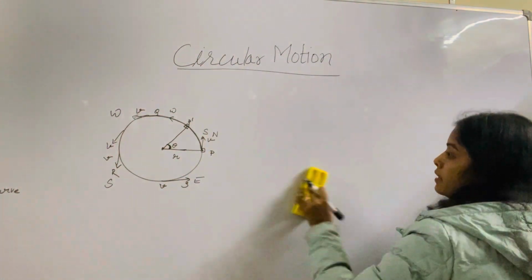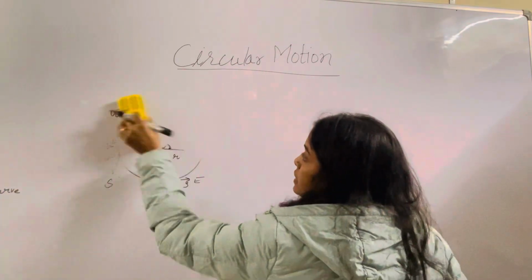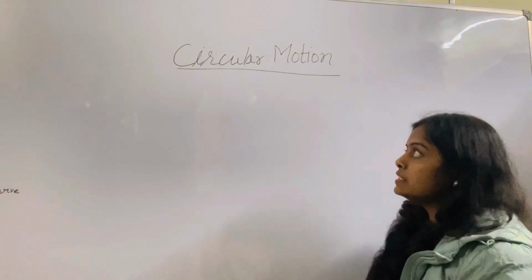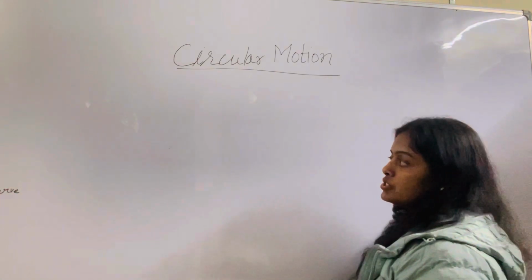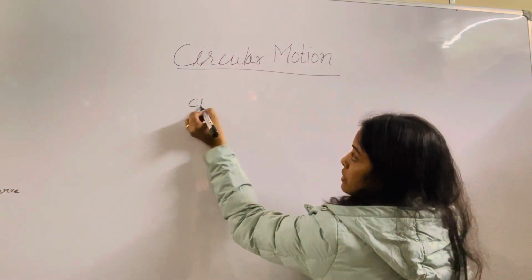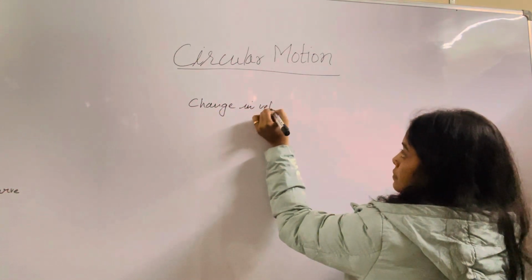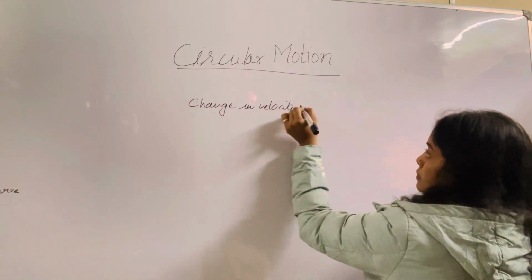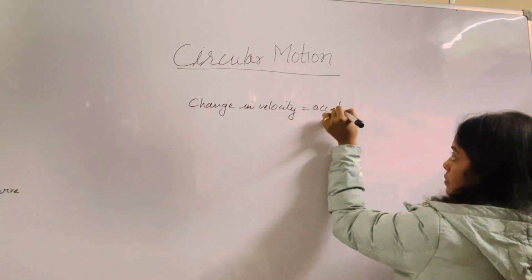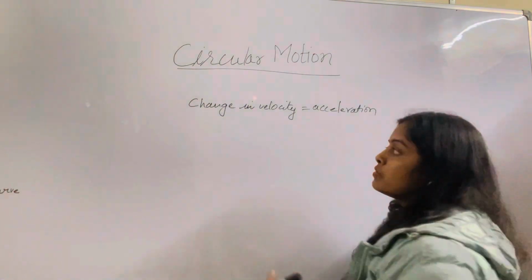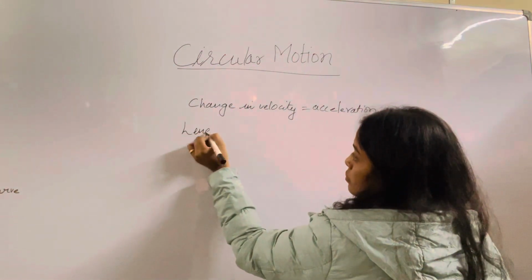The next term which comes is the acceleration part. We have seen that in circular motion there is a change in velocity, and change in velocity leads to acceleration. There are two kinds of linear acceleration in case of circular motion.